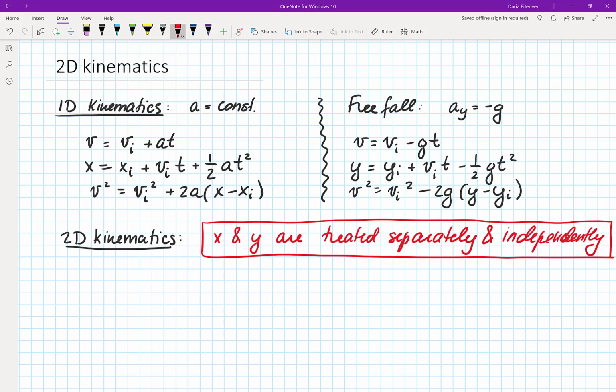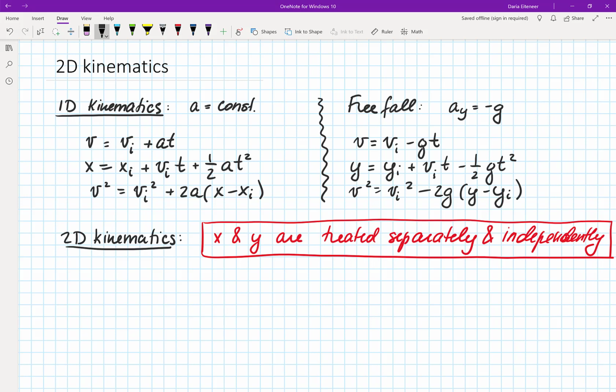In principle, I could even extend it to 3D. Then I would say x, y, and z are treated separately and independently. Whatever happens in one of those dimensions has no influence whatsoever on the other two. But for the time being, we're going to stick with x and y only. We're not going to worry about z just yet.